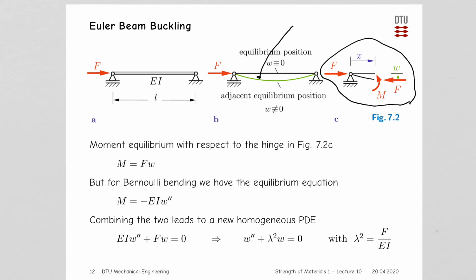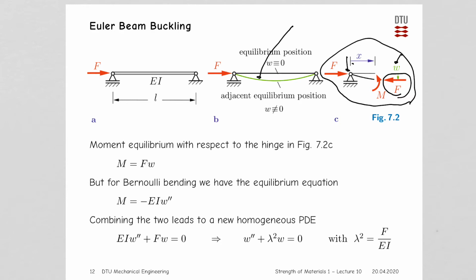So now we draw the cross-sectional properties in our cut here. Of course we know from axial force equilibrium that our axial force will also have the magnitude F. And then we will have some moment. We also indicate the deflection at that point that we will call W. So let's take a very simple moment equilibrium around the boundary condition here.